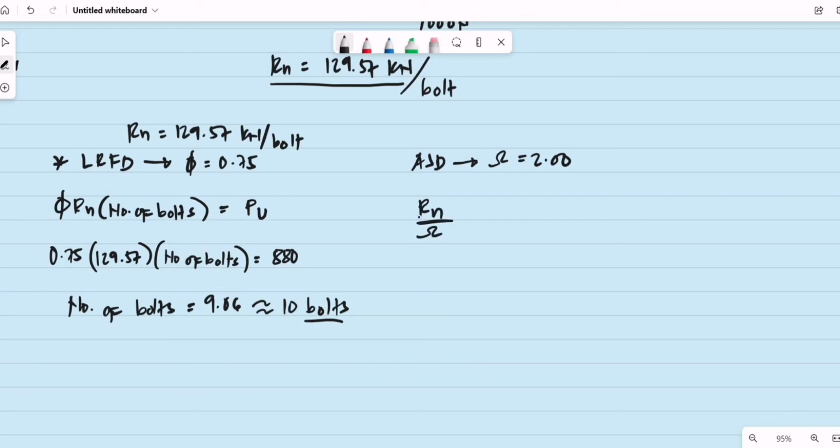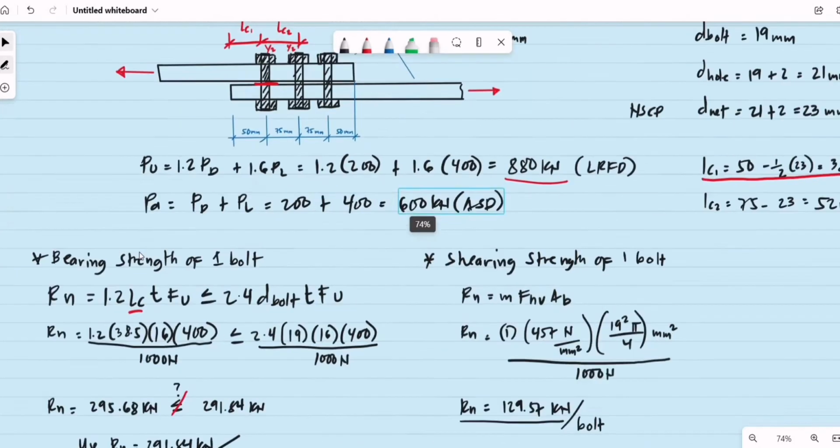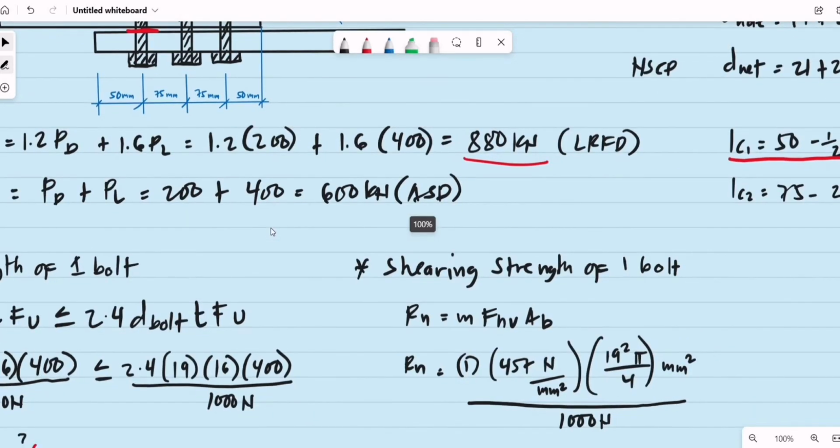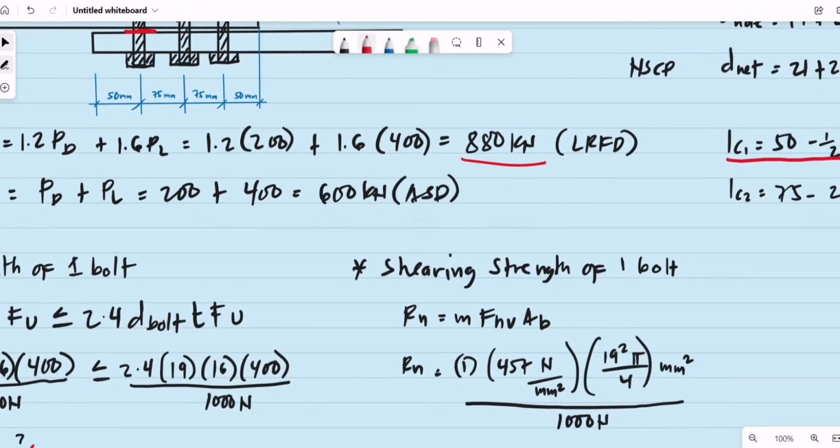The total allowable strength is that multiplied by the number of bolts, and this should be equal to the allowable load, the same as the value of P sub a. So a while ago, what is the value of our P sub a? That is 200 plus 400, so we have 600 kilonewtons.